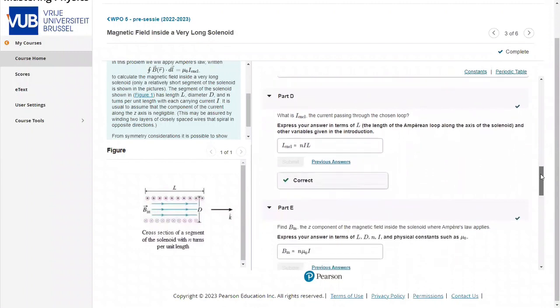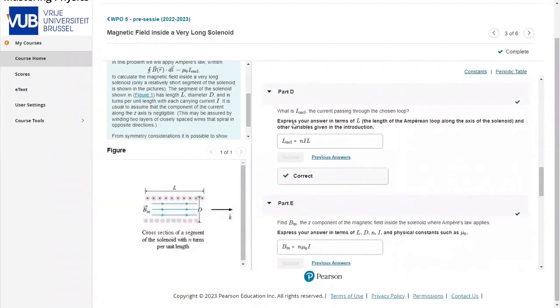So part D, what is the current enclosed? The current passing through the chosen loop. So the current passing through the chosen loop, like that's my chosen loop. Okay, so you basically have to know which one.